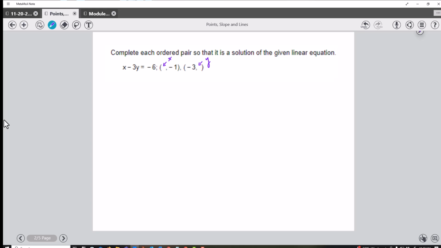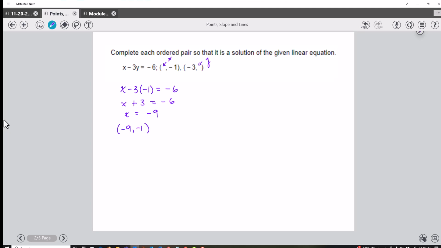If I work the first one, missing the x, I have x minus 3, and notice it tells me y is -1, equals -6. Now this just becomes an algebra problem to solve for x. If I subtract 3, I'll get -9. So the ordered pair is -9, -1.